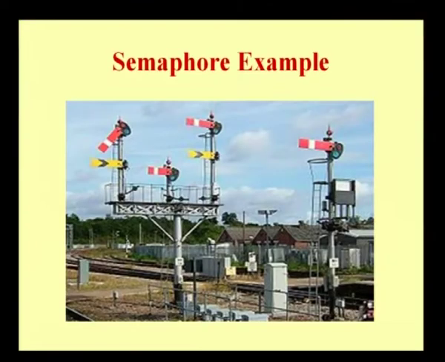If one train is crossing the track, the other train has to wait till the first train has passed. Whereas in multiple processing, two trains can pass simultaneously, on a parallel basis. A single process is on a sequential or serial basis, whereas multiple processing is on a parallel basis.